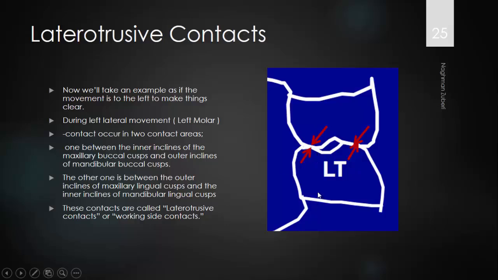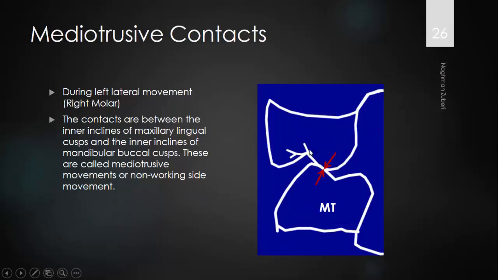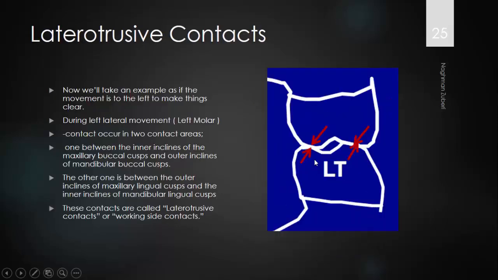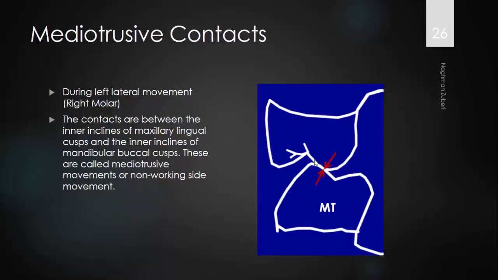Now when this is the working side, let's see what would be happening on the balancing side, that is the right hand side. On the right hand side, there will be only one point contact. The contact will occur on left lateral movement on the right molar. The contacts are between the inner inclines of the maxillary lingual cusp and the inner inclines of the mandibular buccal cusp.